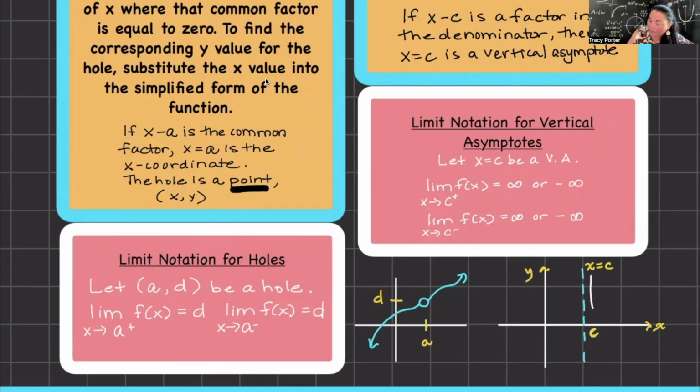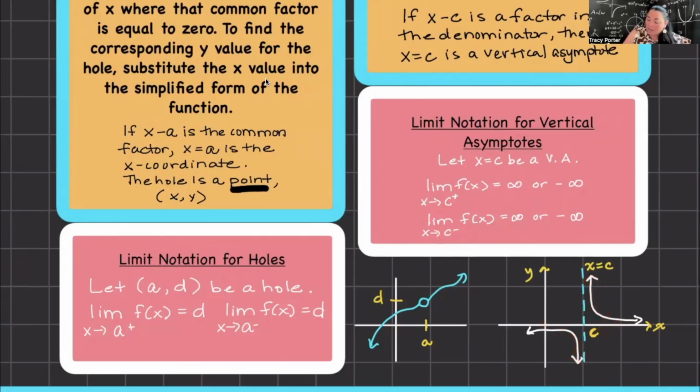So let's say it's doing something like that or something like this. Okay, this is just an example. So in either case, as you're coming in on the right or left of c, if we're coming in on the right, you can see that it is approaching the asymptote. And when you come in on the left of c, it's also approaching the asymptote.